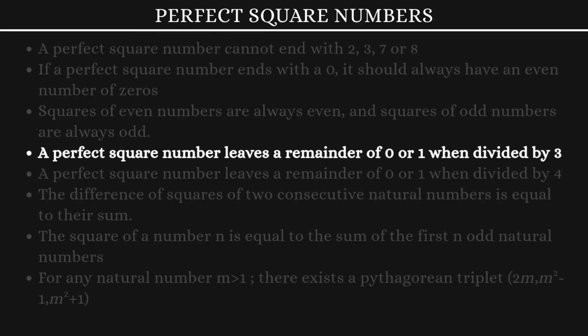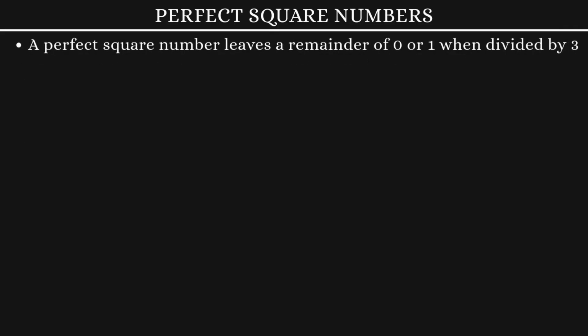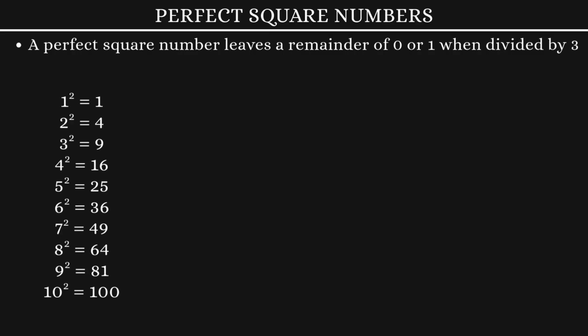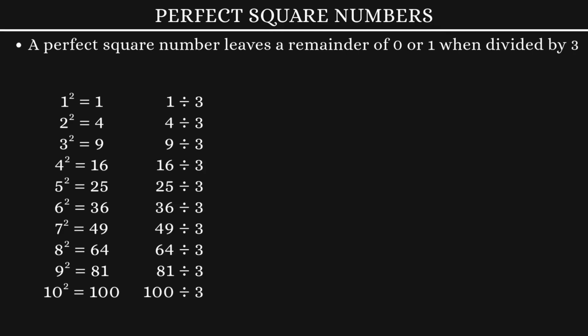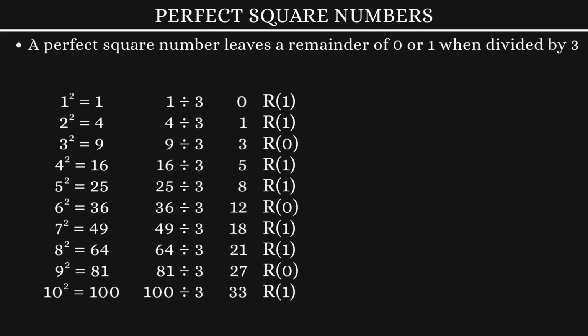A perfect square number leaves a remainder of 0 or 1 when divided by 3. As usual, let's check the first 10 perfect square numbers. On dividing each of them by 3, we get these quotients and remainders.